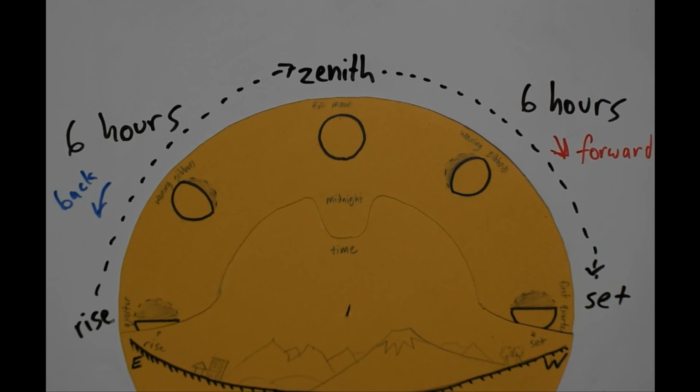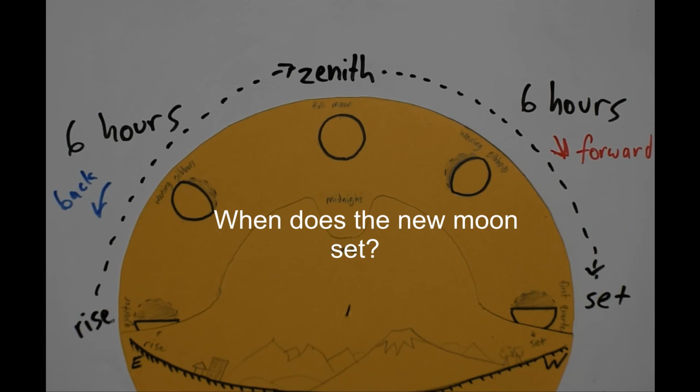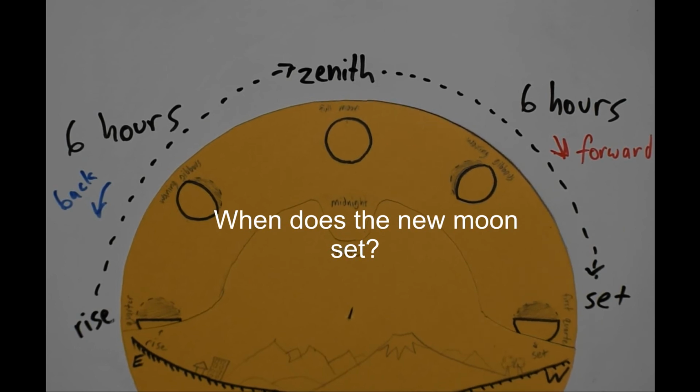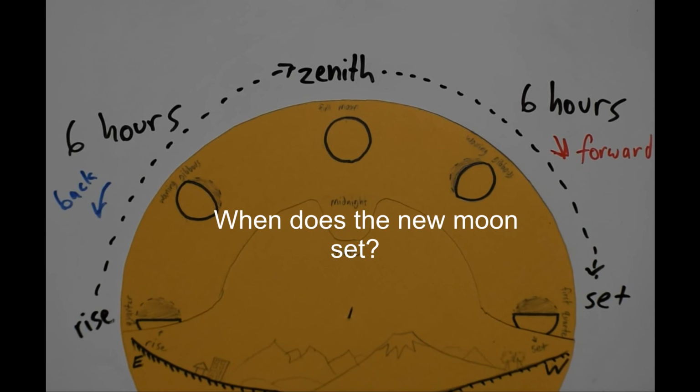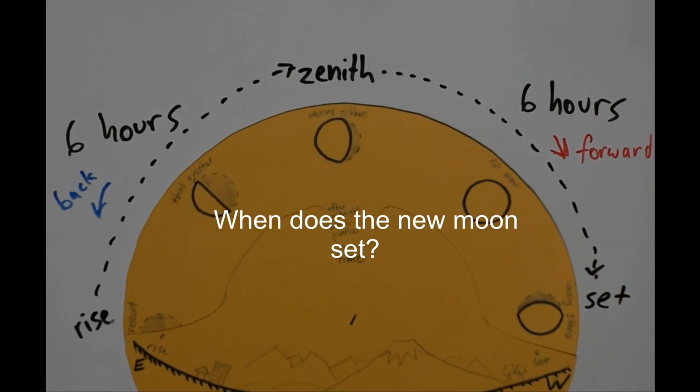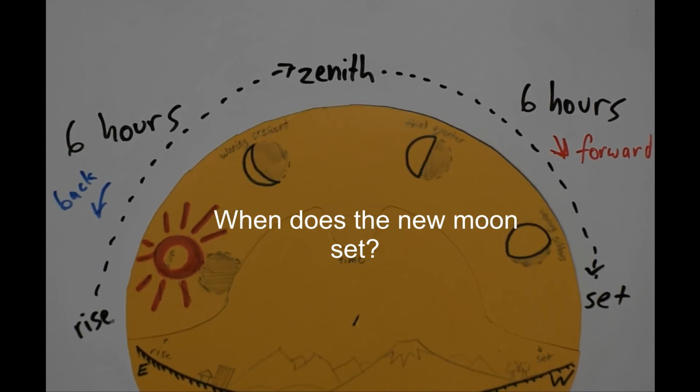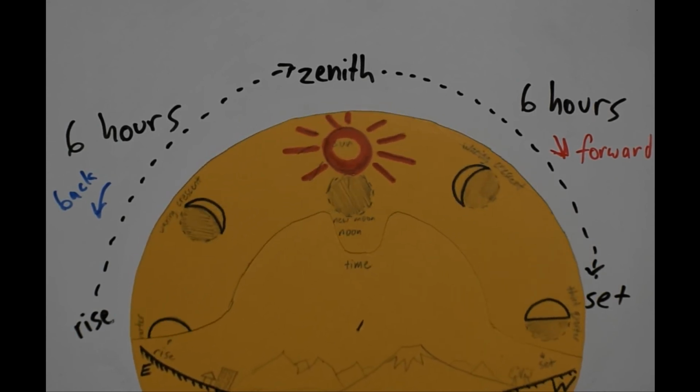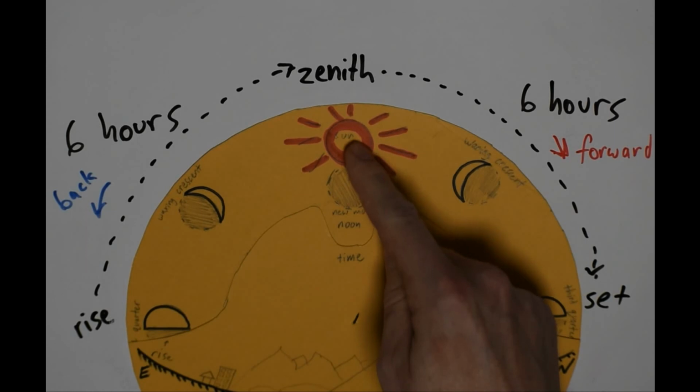All right, and let's do one more example. The next question is, when does the new moon set? Well, this is kind of a trick question, because where is new moon on this? I never mentioned new moon. New moon is actually the same position as the sun.